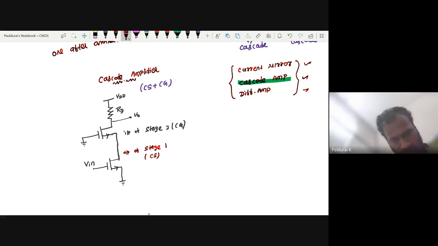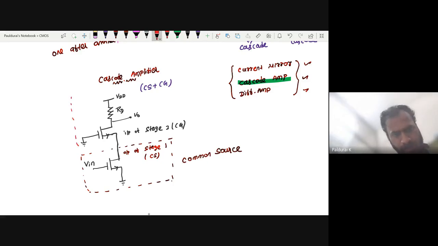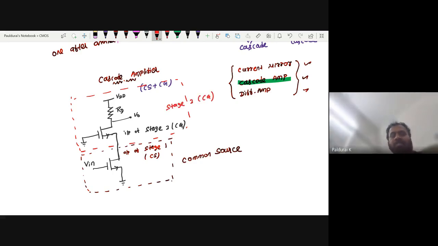So stage 1 is my common source, and stage 2 is my common gate, right? So this is a general way to sketch a cascode amplifier. Any difficulty in sketching this?